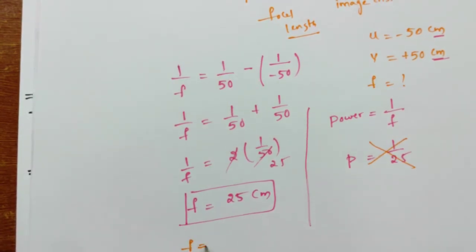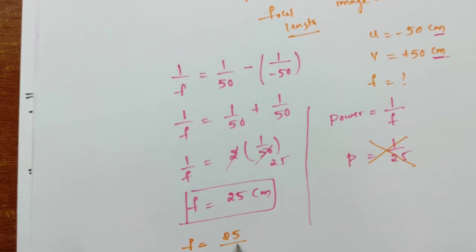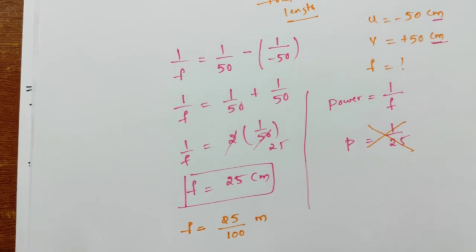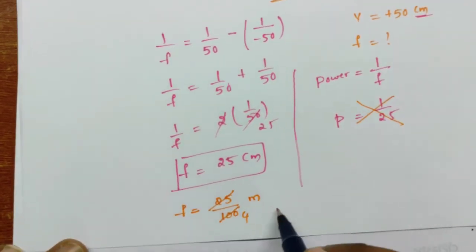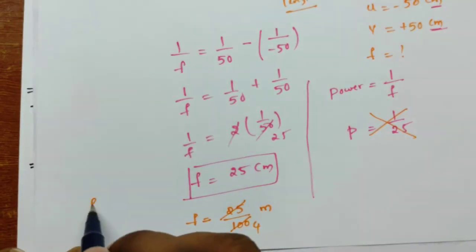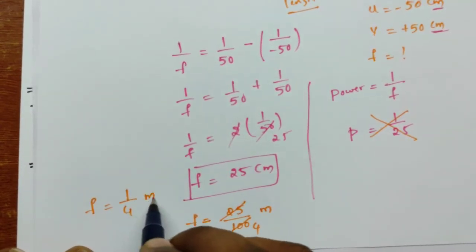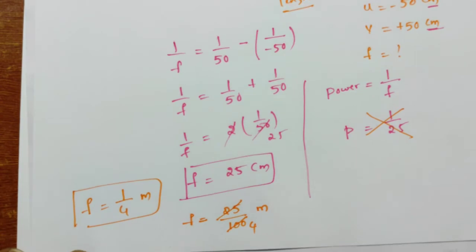Focal length is equal to 25 divided by 100. If you divide the above result by 100, we convert it into meters. So focal length is equal to 1 by 4 meters. This is the last value.